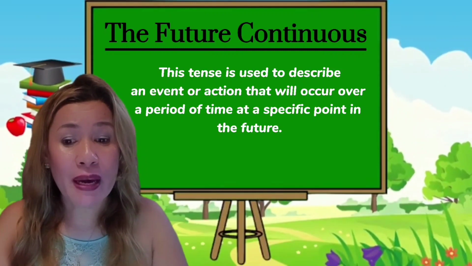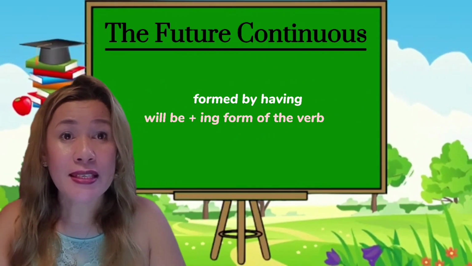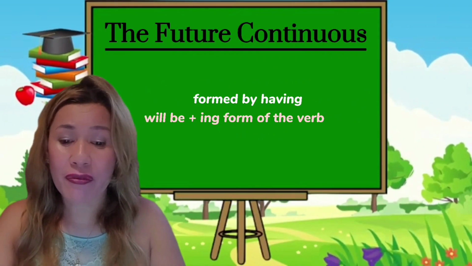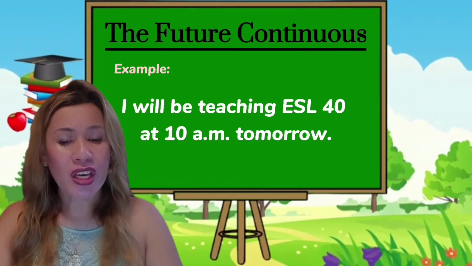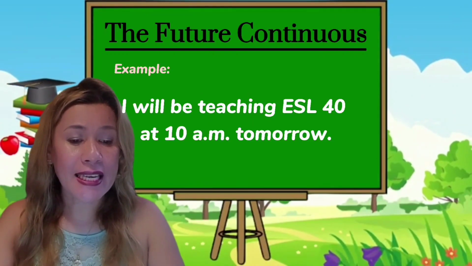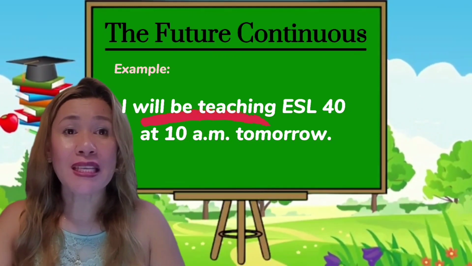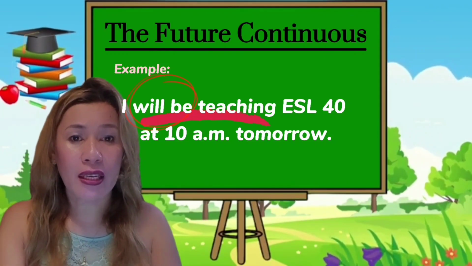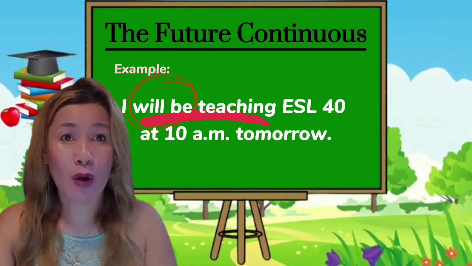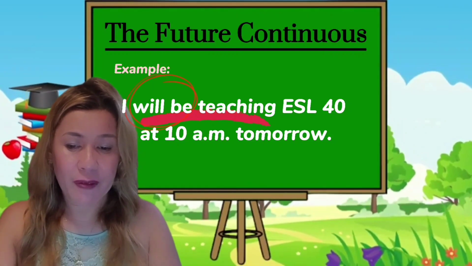We form this by having will be plus the ing form of the verb. For instance, I will be teaching ESL 40 at 10 a.m. tomorrow. Our verb is will be teaching. So you have the will be with an ing ending verb. So that's our formula, or that's supposed to be the pattern.